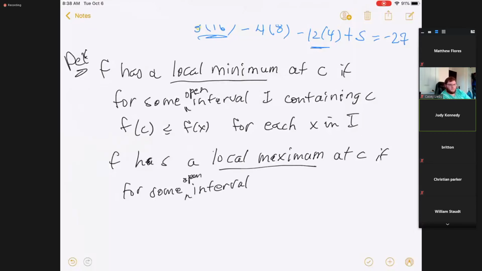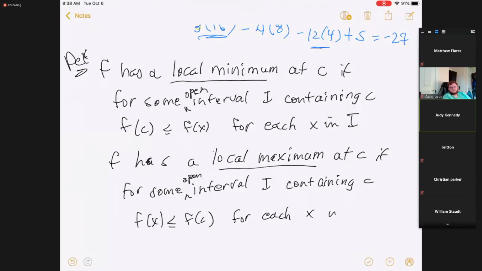No intervals that contain just one point. From some open interval I containing C, F of X is less than or equal to F of C for each X in I.